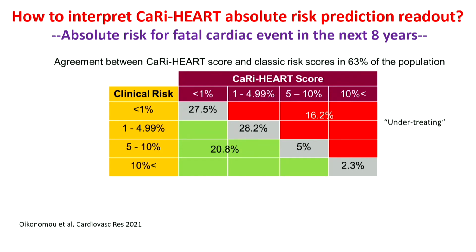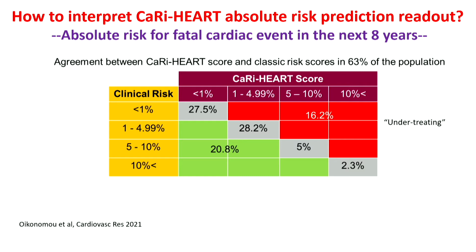Now, how do we interpret the Cardiovascular risk score, the absolute risk prediction? So this takes into account the inflammation, and it also takes into account the presence of plaque and the risk factors of the patient. And it generates an equivalent to the ESC score that we have in Europe, but takes into account this additional information from the CT scans.